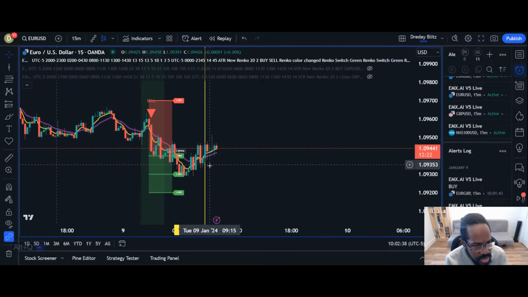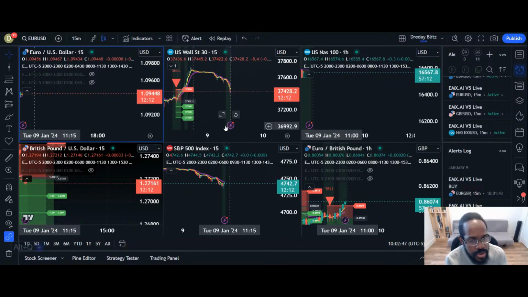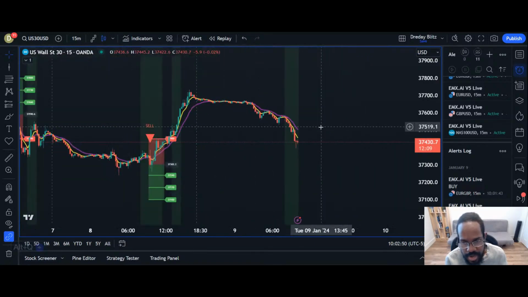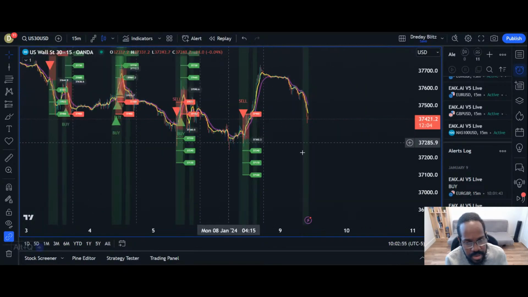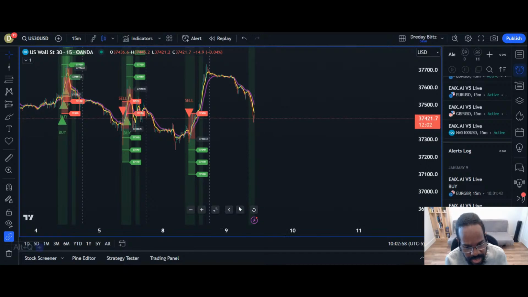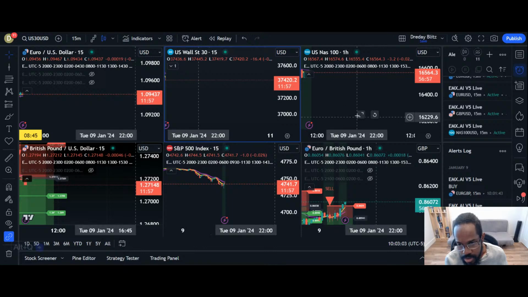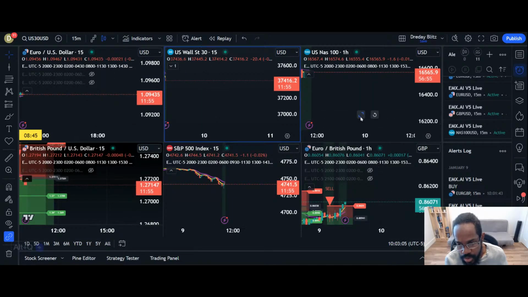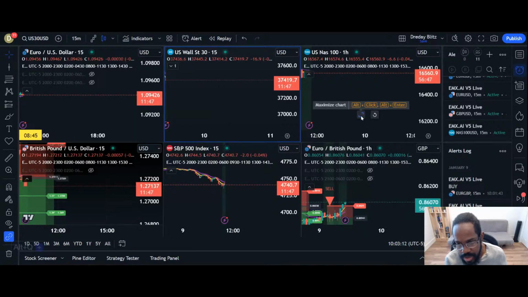EURUSD is still ranging here, so no specific trend so far. But the indices here are trading down right now. And like I told you guys, I'm expecting the indices to go short overall for the year. So make sure to look at your weekly candle and what's happening from week to week.